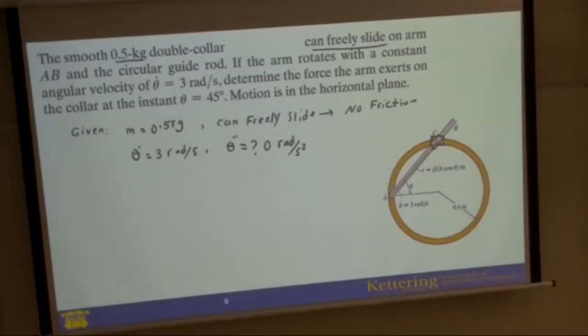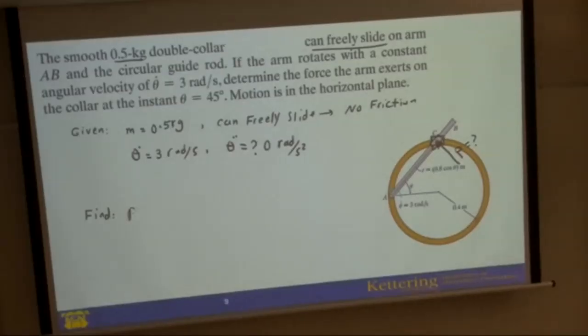Now we want to find the force that the arm exerts on the collar. We are looking to find this force, P.